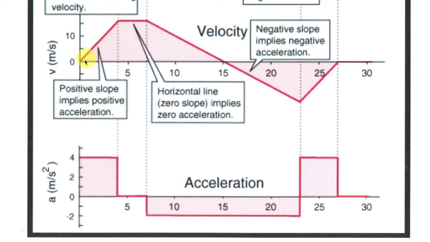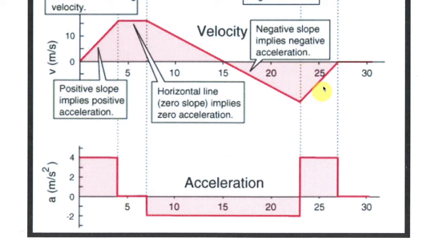In this section here, you can see that the graph is increasing, and that means that if the velocity is increasing, it must be accelerating, and therefore we are shown the acceleration as being above the time axis.